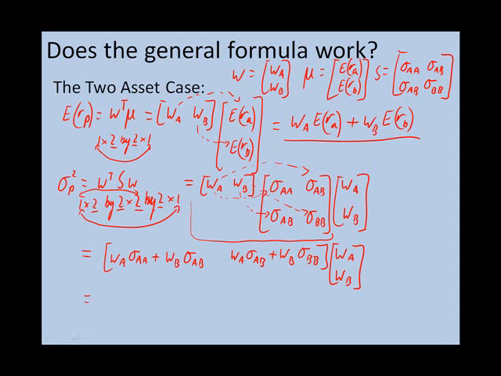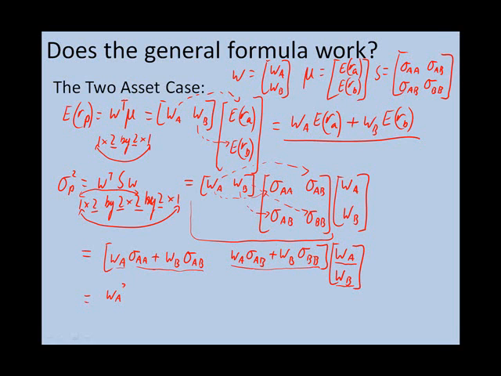We can do that multiplication now. We're going to get WA sigma AA plus WB sigma AB all multiplied by WA, and then we're going to add WA sigma AB plus WB sigma BB all multiplied by WB.